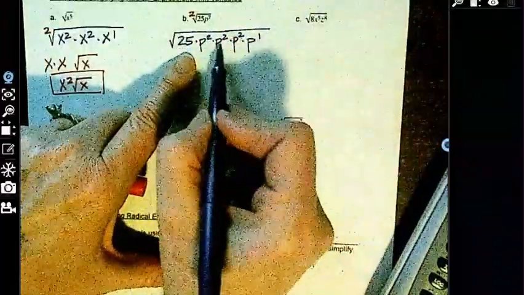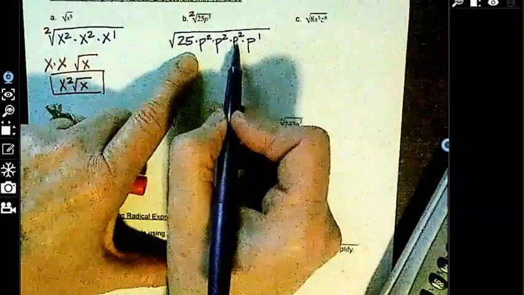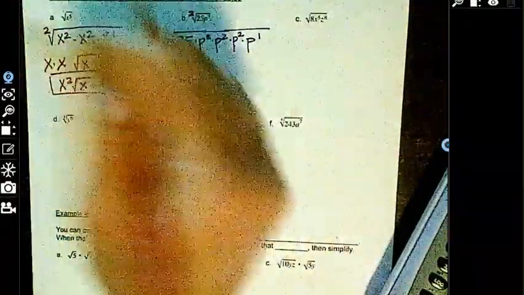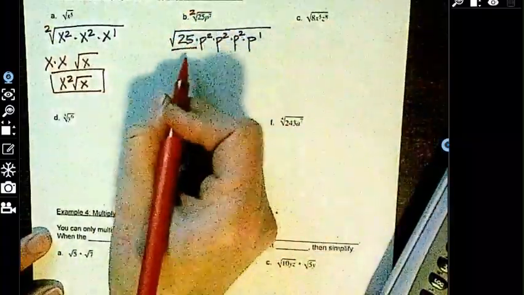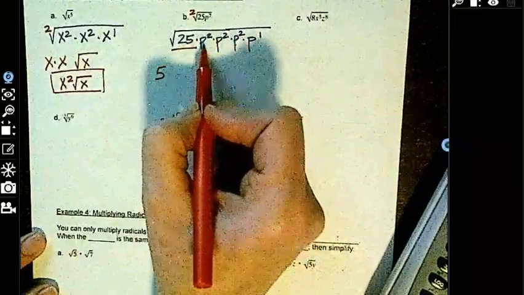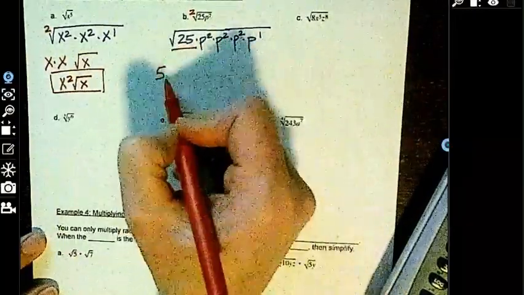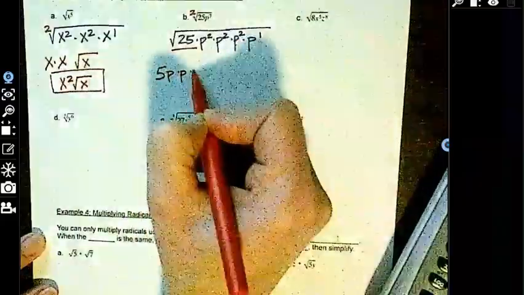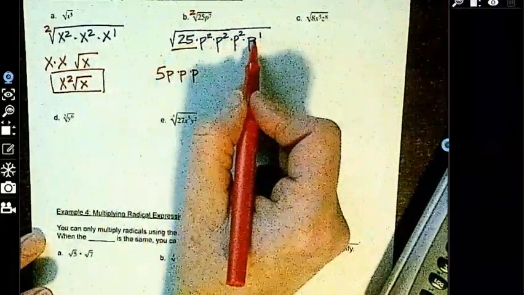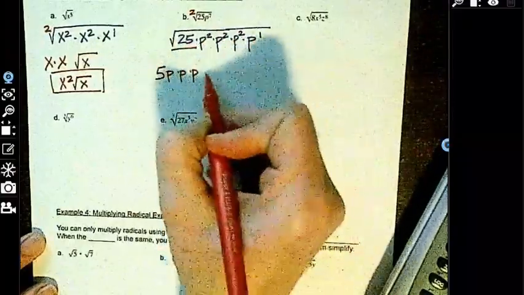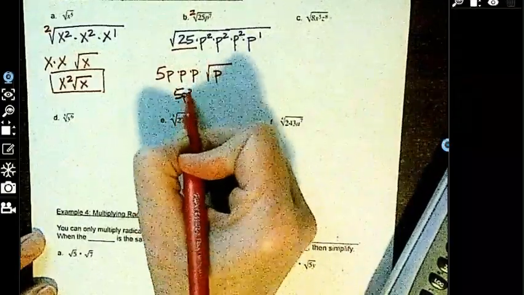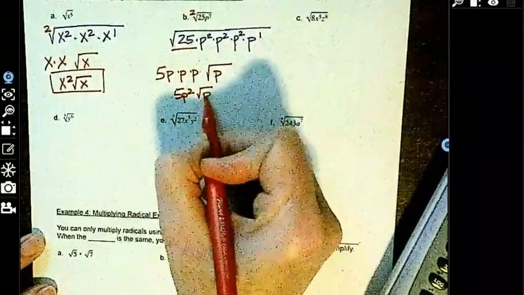I can take all of these out, so let's do one thing at a time. First, the number. What is the square root of 25? I can pull that out because it's 5. I can pull out p, p, p. I cannot pull out the last p, so that has to stay under the radical. And so the answer is 5p cubed times the square root of p.